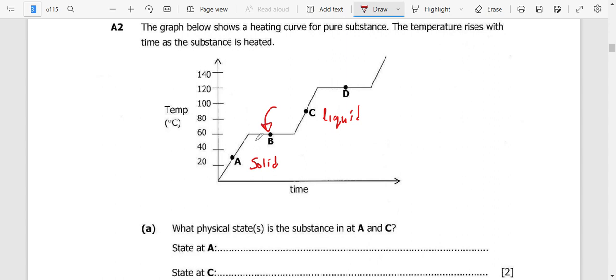So at B you have got a mixture. There is a change of state happening. So you have got a mixture of solid and liquid, and then since this is gas on top, at D you have got a mixture of liquid and gas. So B, this process is melting, and then D is vaporization or evaporation.